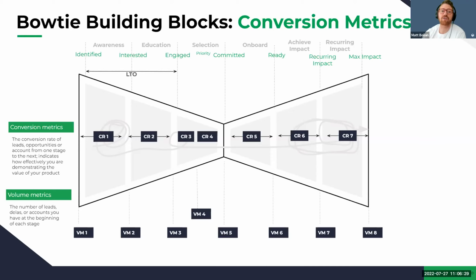Very common conversion metrics people talk about, if you put it in this framework, is lead to opportunity conversion. They're really talking about three different states that a person went through: VM1, VM2, VM3, which is traditionally prospect, MQL, to SQL. And then they went through two different conversion ratios, CR1 and CR2.